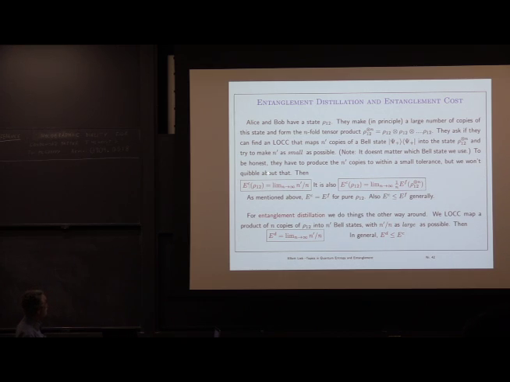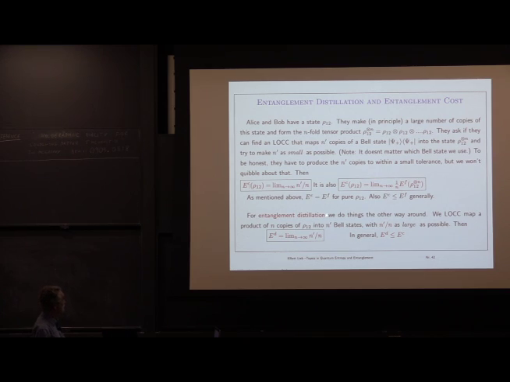Now, we define the entanglement cost as the limit as n goes to infinity of this ratio, how many Bell states divided by how many copies of Alice and Bob's state. And it's also the limit of the entanglement of formation divided by n for n states. And this is what we're going to show. As mentioned above, EC equals EF for pure rho 1, 2, and EC is less than or equal to EF generally.